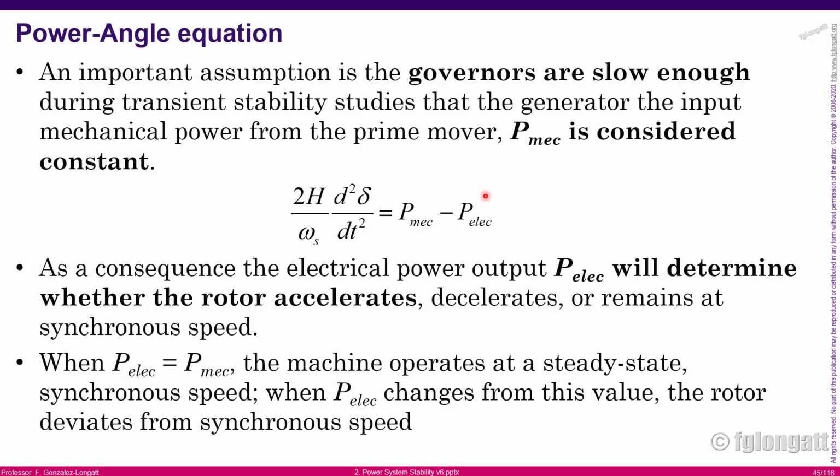For that reason, if the governors are not acting inside this time frame, we can say that the mechanical power is constant. This is a very conservative assumption, assuming that the governor is not working, okay?